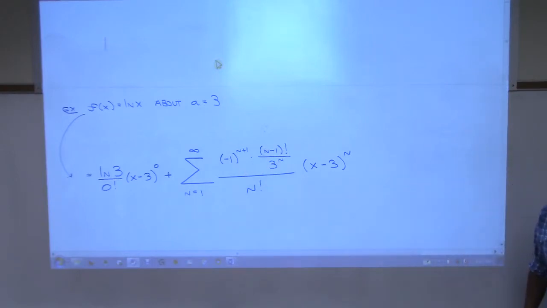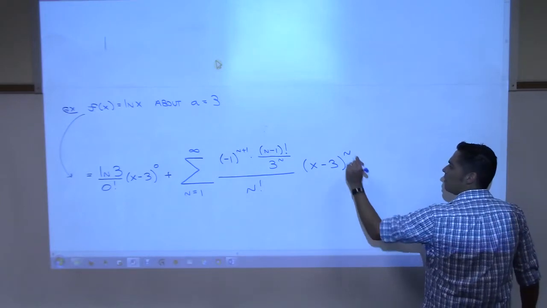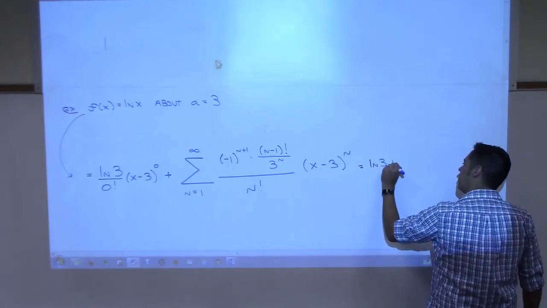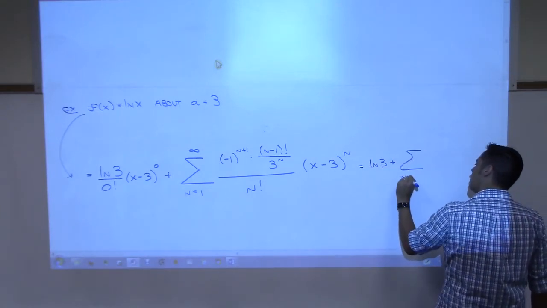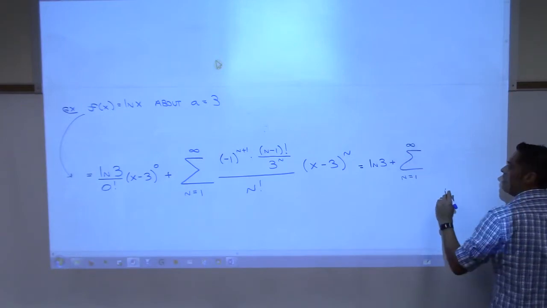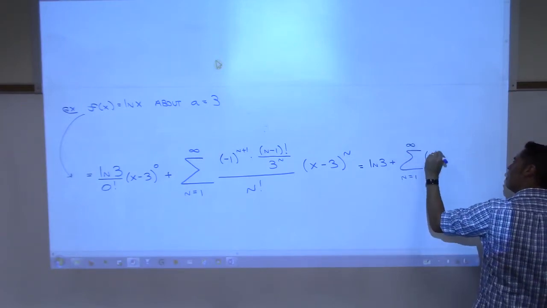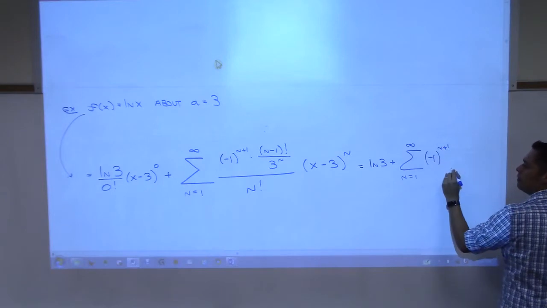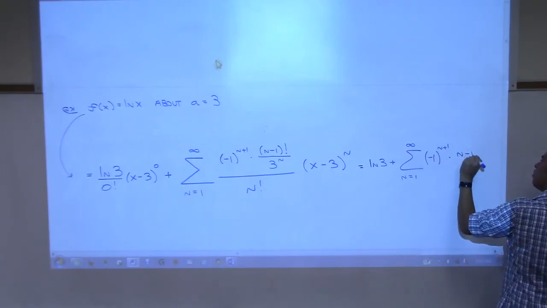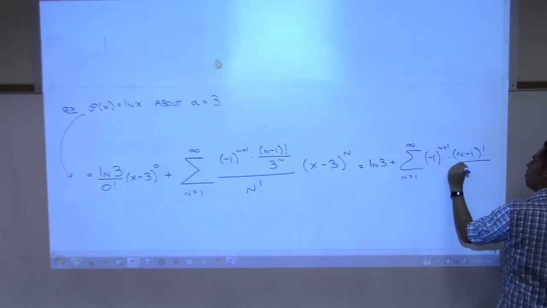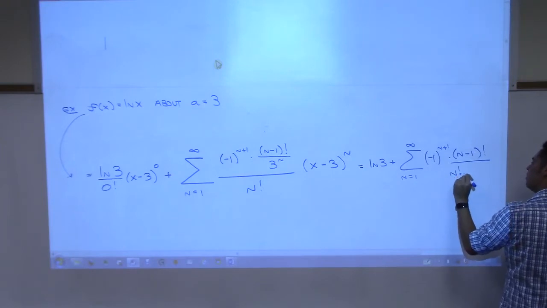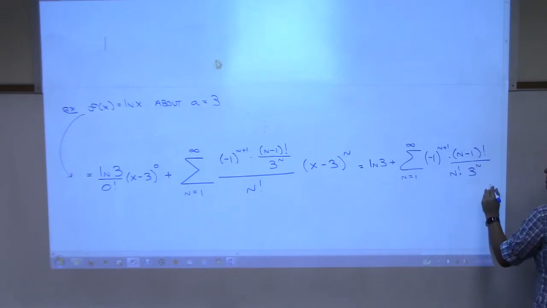Now, this does simplify. So let me try and clean this up. The first term is just natural log 3 plus sum n equals 1 to infinity. And now, let me do it this way. Negative 1 to the n plus 1 times n minus 1 factorial over n factorial times 3 to the n, and then x minus 3 to the n.